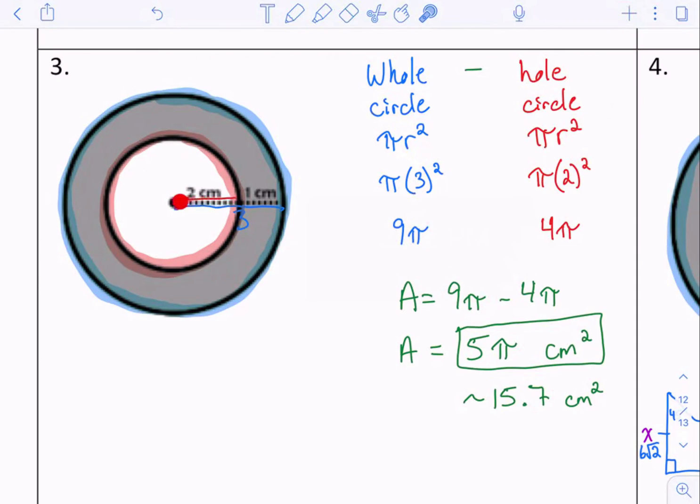And then that smaller red circle only has a radius of 2. 2 squared is 4 pi. Now, notice that when you have 2 answers that are both in terms of pi, it's like having like terms. You can combine those this time. 9 pi minus 4 pi is 5 pi, only because those are like terms. And 5 pi to the nearest tenth is 15.7 centimeters squared.